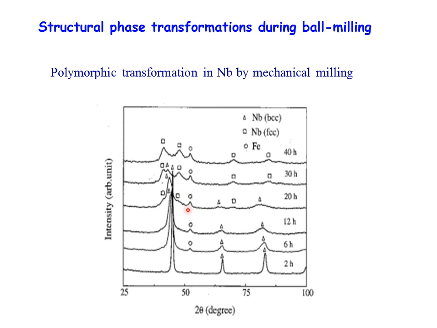So we have a phase transformation, and you see that also at the end we start to see a new peak corresponding to iron. So you have at the end niobium in FCC structure and also the presence of iron, which appears from the beginning and corresponds to the pollution by the milling machine. So these are facts you have to consider.